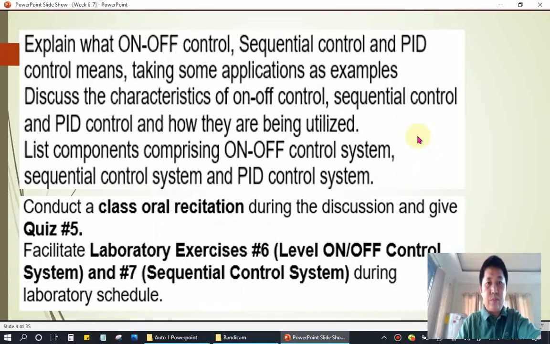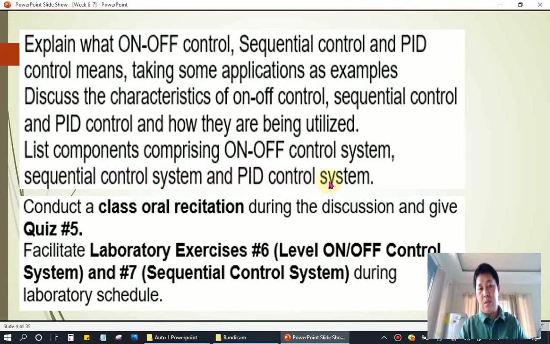Taking some applications as examples, the characteristics of these control systems, how they are being utilized, and the components comprising them.